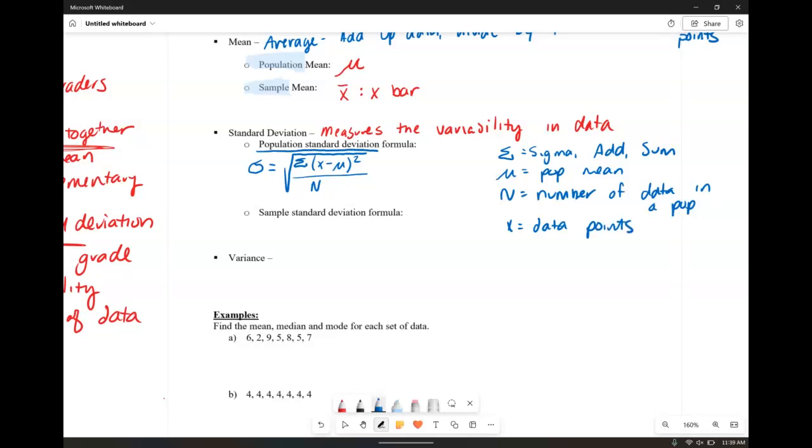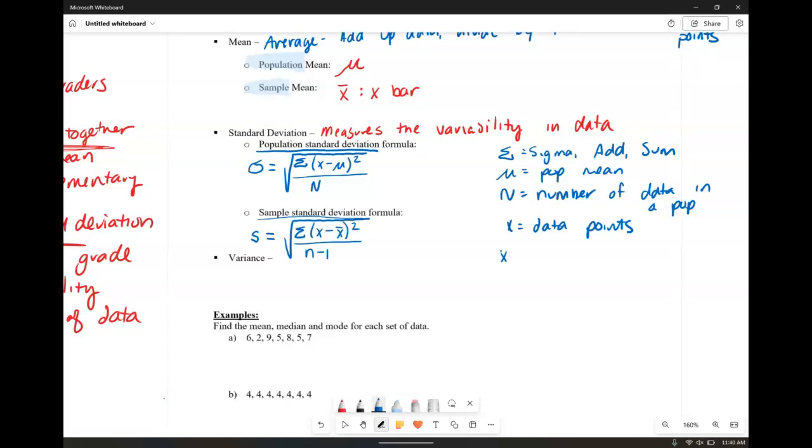All right. If we're dealing with a sample instead of a population, there's a few small changes in the formula. First of all, the sample standard deviation uses a different symbol. We use an S for sample standard deviation. We're still going to have a big square root. We still have sigma in there, but now we're going to do X minus X bar, and that's divided by N minus 1.